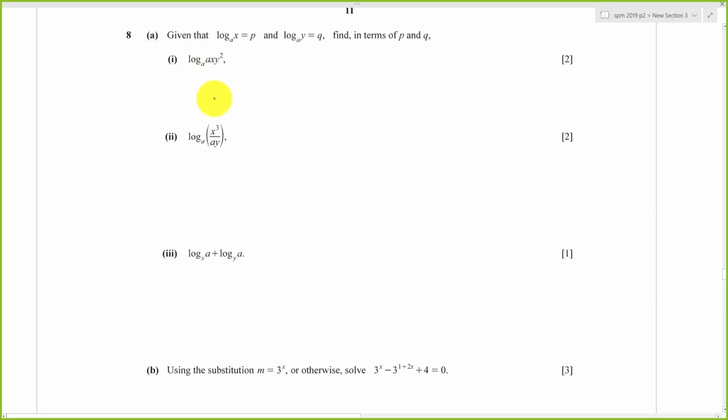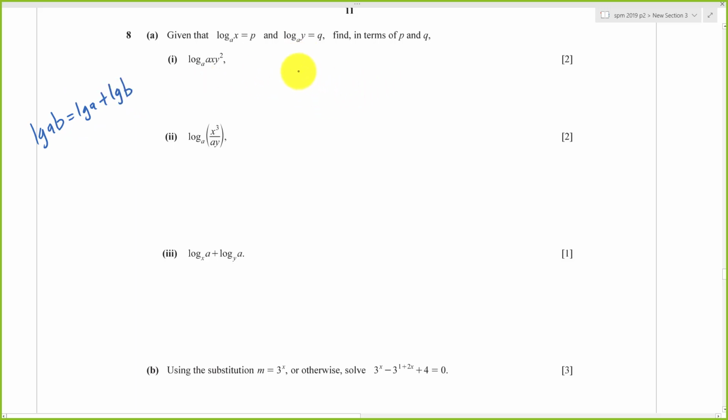Okay, now we continue with question number 8 here. For question number 8, it's a log question. So basically they ask you to find log base a of a x y squared. In order to do this one, log rule tells us that multiply will become plus, right? Because log AB gives log A plus log B, isn't it? This is the formula.